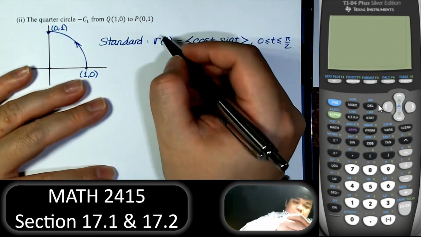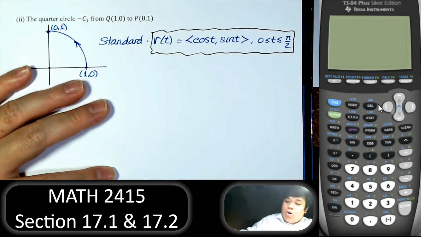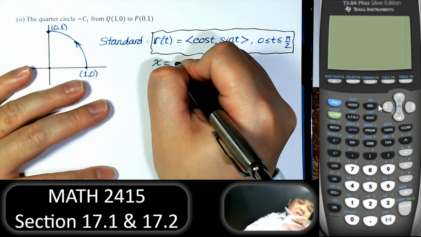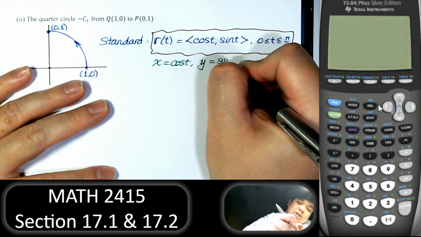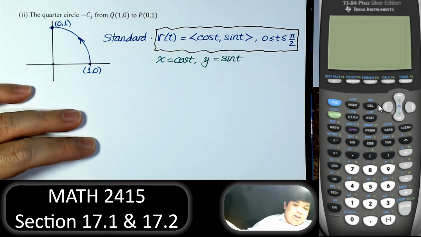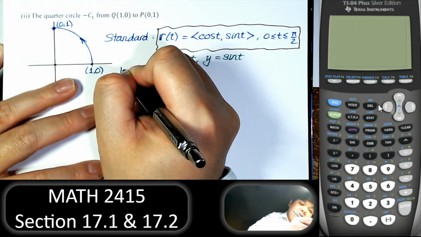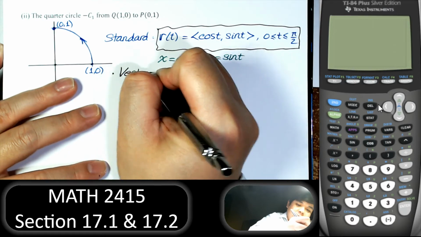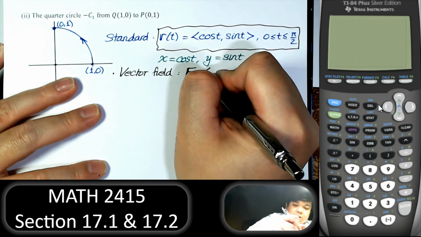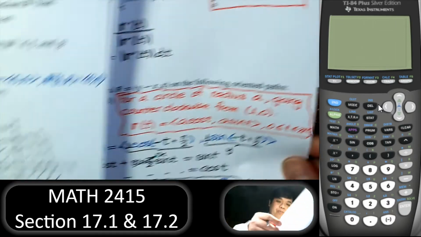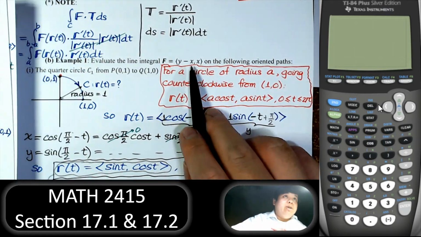Yes, so as always, we need to find the parameterization, meaning that we need to know what x is in terms of t, what y is in terms of t, and then this one is different. So the vector field, what is the vector field for the problem? Right, y minus x, comma x. So that is the vector field for the problem.